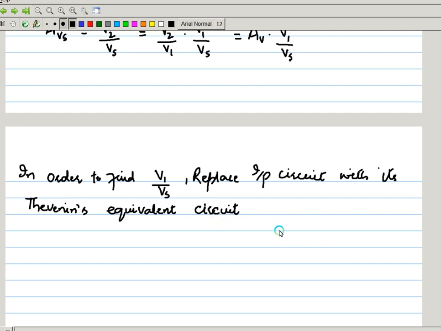Thevenin's equivalent circuit is that you can replace the circuit with a voltage source in series with a resistance.